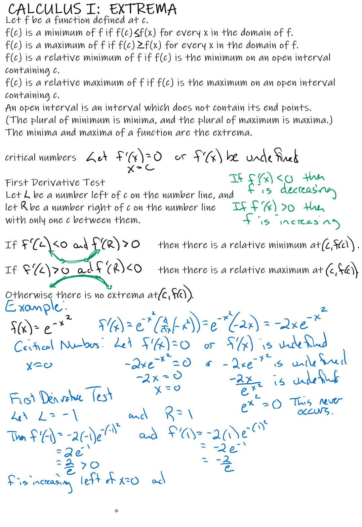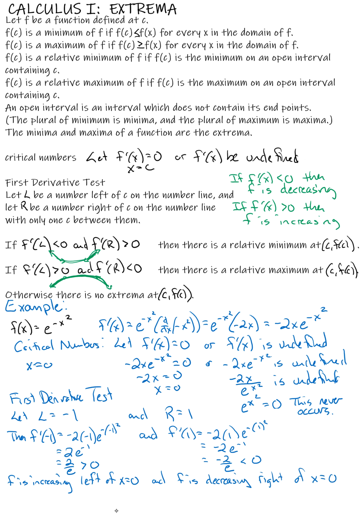With that negative in the numerator, though, that gives us a negative. So that means, since the first derivative is negative, f is decreasing to the right of x equal to 0.